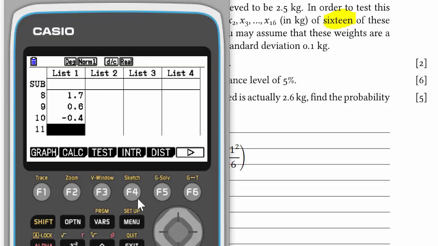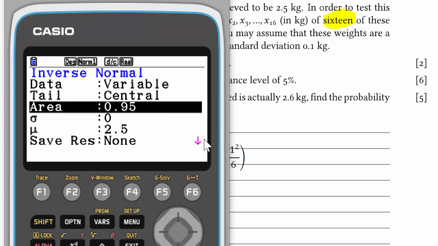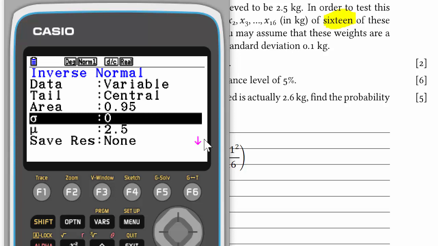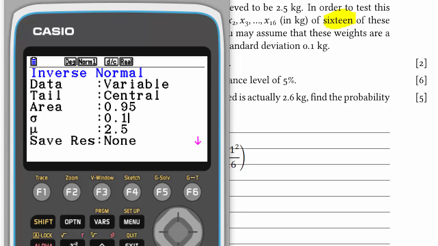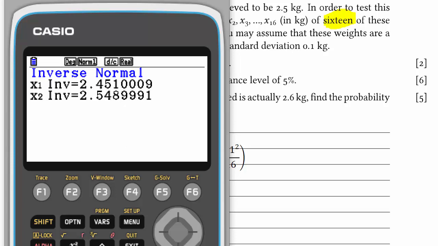First way is I'm going to go to distributions, normal, inverse normal, and I'm going to say I want a central bit for 95% of the samples where the standard deviation is the one of x bar, which is 0.1 squared divided by 16 square rooted, so it's 0.1 divided by 4, and the mean is 2.5. We run that, and this is the acceptance region between these two, and so the critical value is on either side.